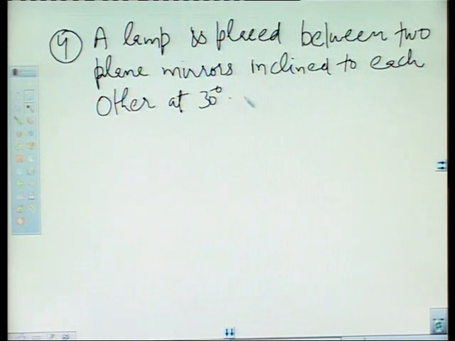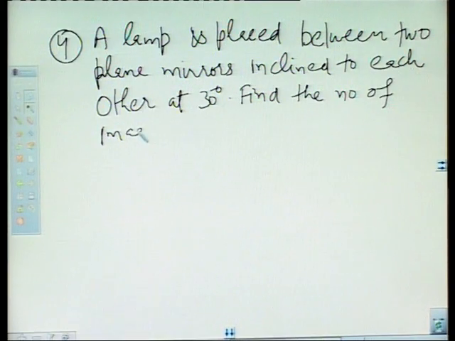Now we have to find the number of images formed. We have to find the total number of images formed.